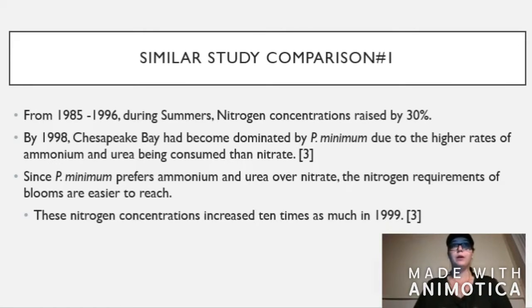So since P. minimum prefers ammonium and urea over nitrate with more of a nitrogen concentration, the nitrogen requirements for these blooms are easier to reach. As the study continued, we can actually see that these nitrogen concentrations increased 10 times as much in 1999 and has only increased from then.